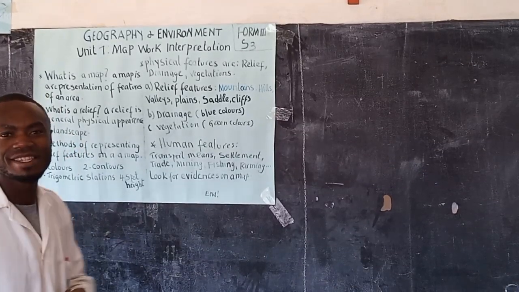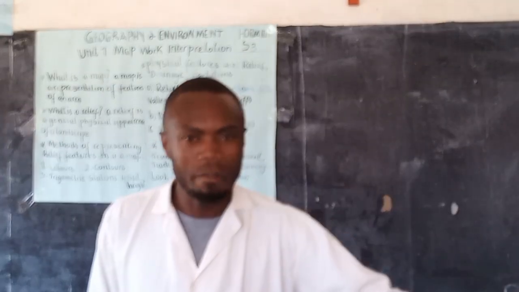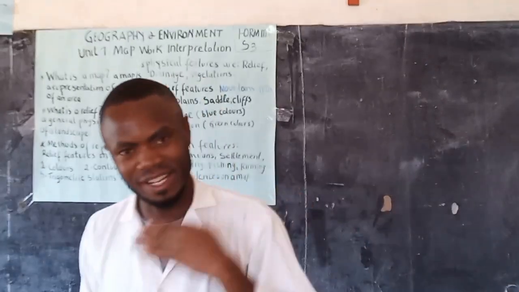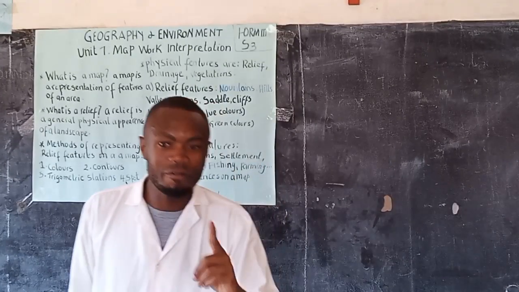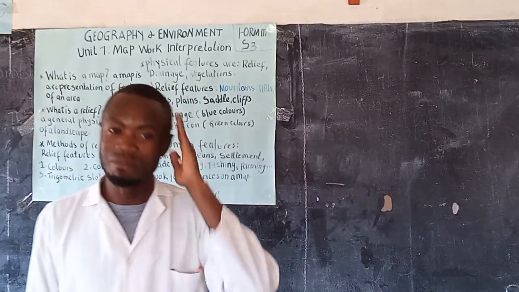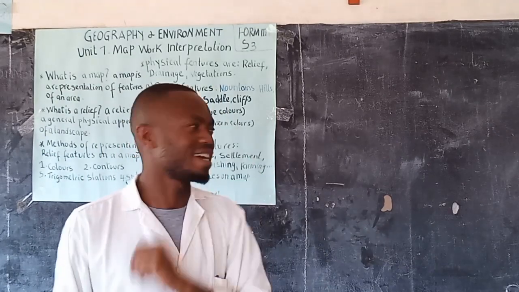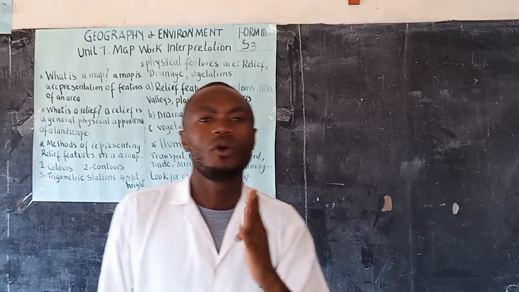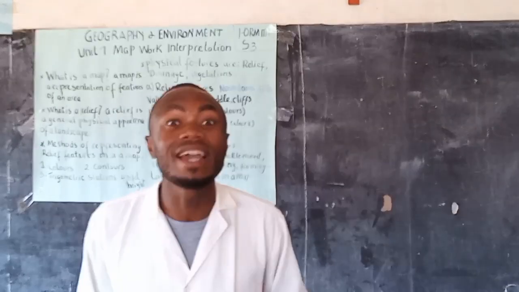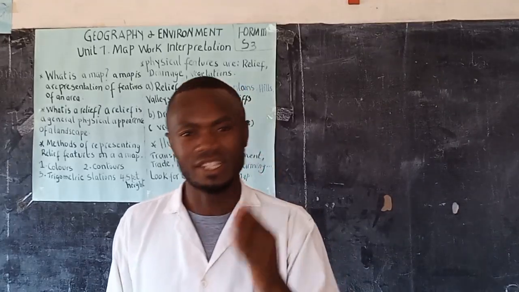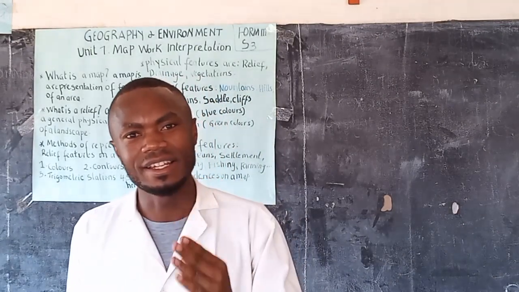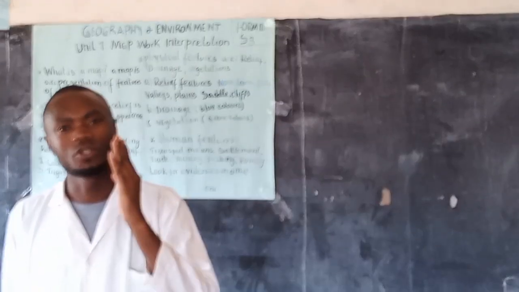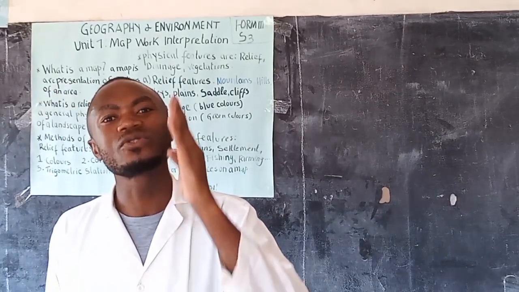A relief map or topographical map is made up of different colors. For example, on a topographical map, we can see where there is vegetation. How do they represent vegetation? We use green color.